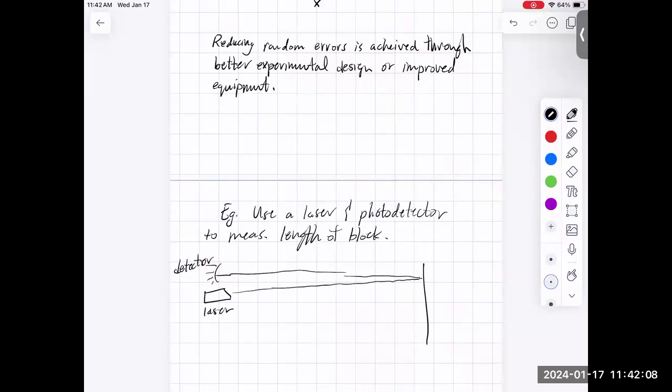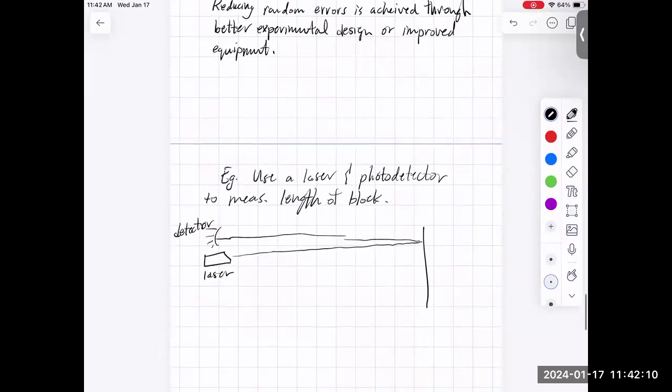And so let's imagine that this length is something like length L. Okay, and so we measure the time from when we turn the laser on till it hits the detector, and that time is given by twice the length divided by the speed of light. So then if we know the speed of light and we measure the time, then we could get this length.